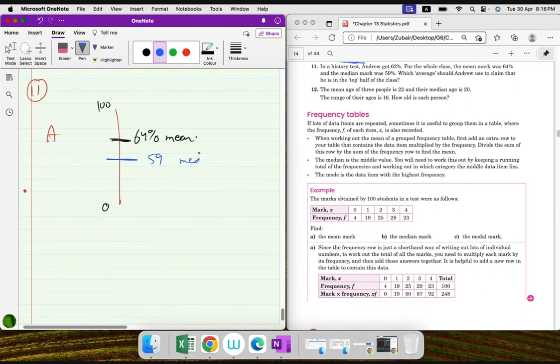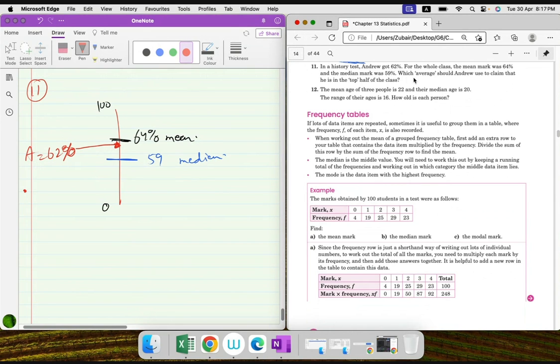59 median. And Andrew is at 62. Andrew is equal to 62%. It would be somewhere here. So Andrew is scoring this. The mean of the class is actually more than Andrew's. And what should he do? Which average should Andrew use to claim that he is in the top half of the class?